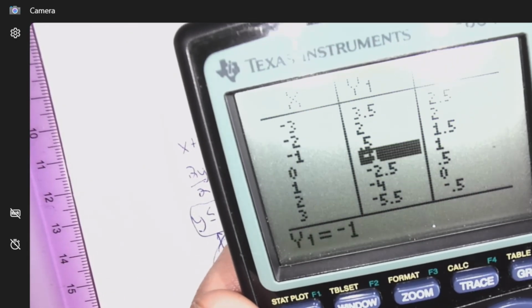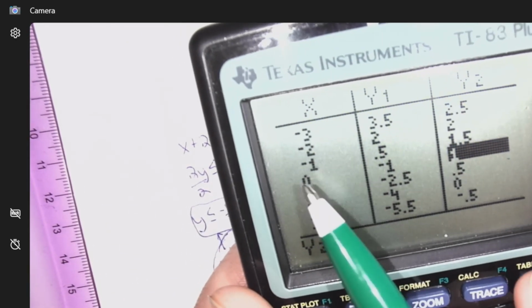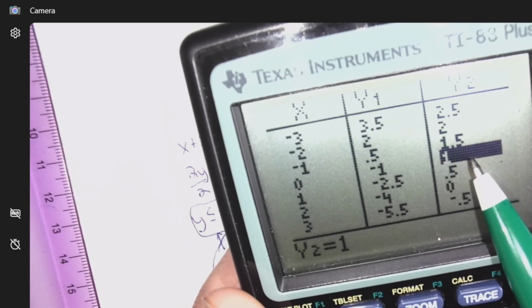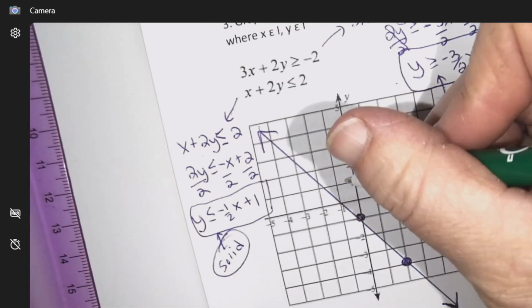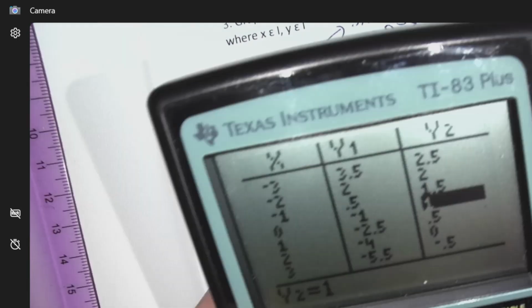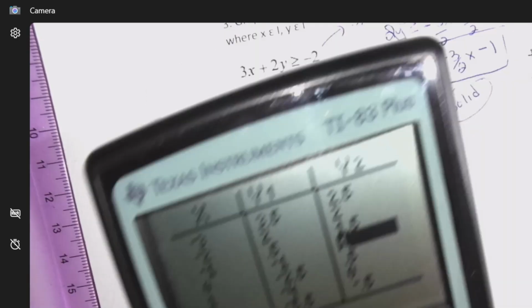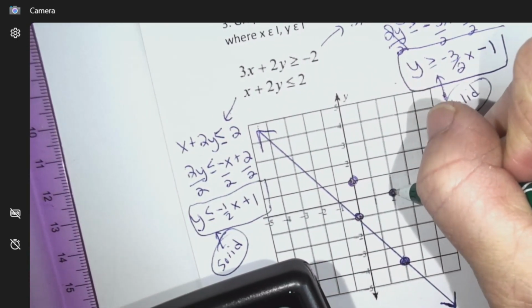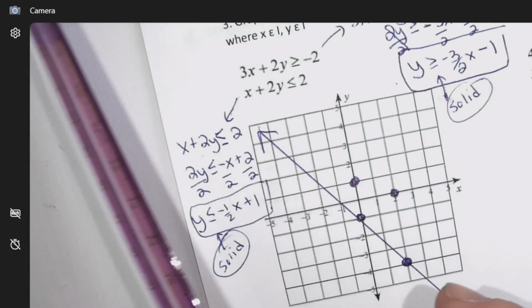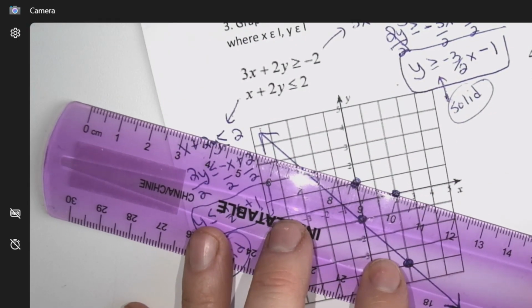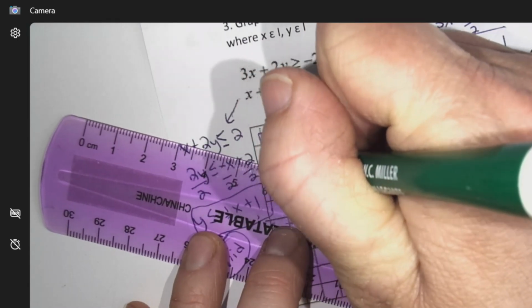Okay, the other line, if I look to the second column, it's 0, 1. I'm going to use this one, 2, 0. And we said solid.